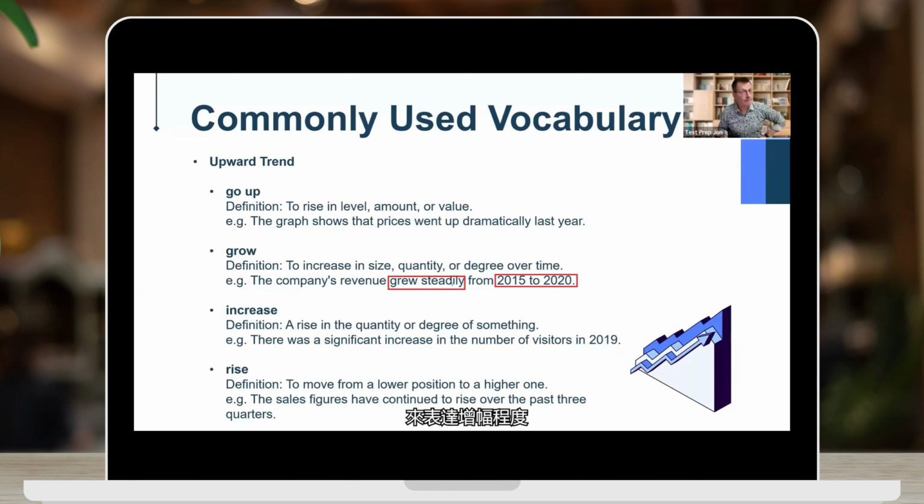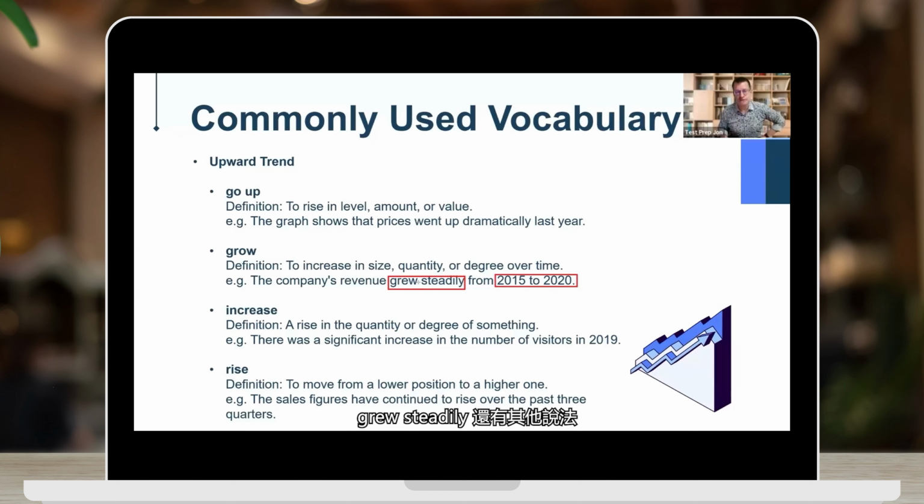So we say how much it is growing. Remember this pattern, which you'll hear me repeat a lot, that we talk about what happens, here using the verb, then how much it happens, here using an adverb. Then we talk about when it happens, in this case, the time period 2015 to 2020.